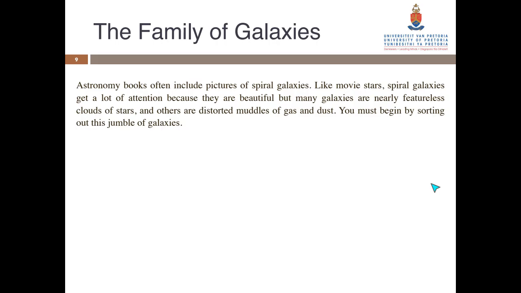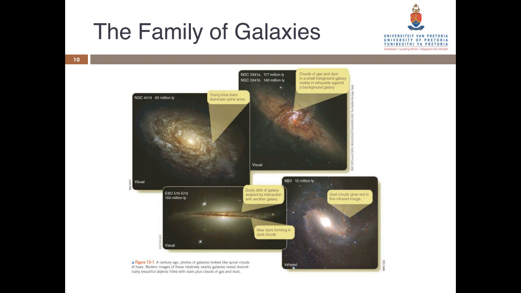So when we look at different astronomy textbooks, they usually show pictures of spiral galaxies because spiral galaxies are usually the most beautiful galaxies to look at, and they feature a lot of prominent features such as clouds of stars and gas and dust. So here we can see these different types of galaxies.